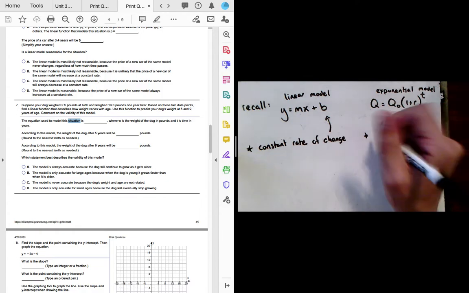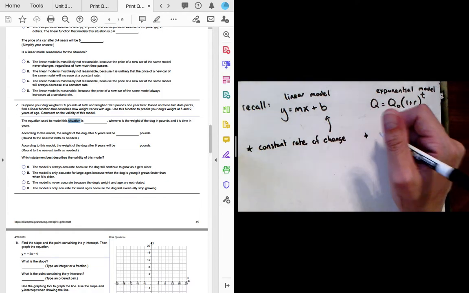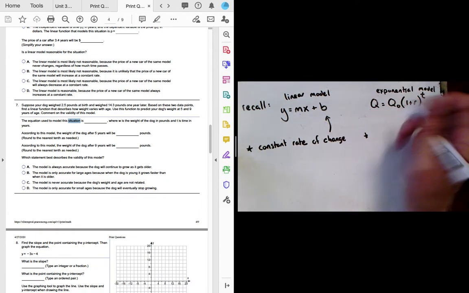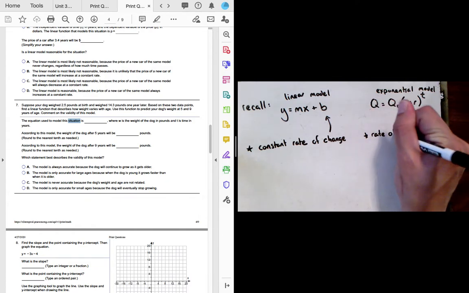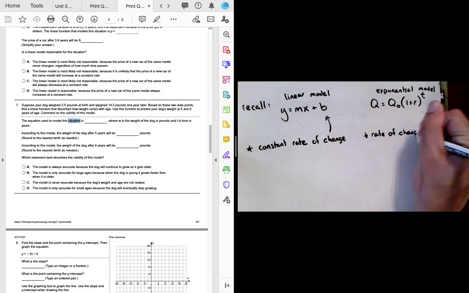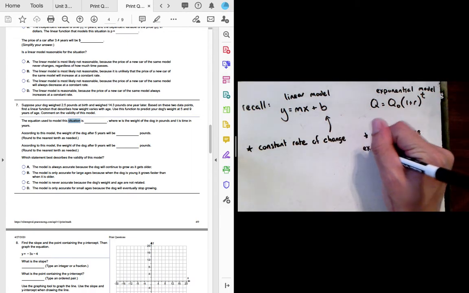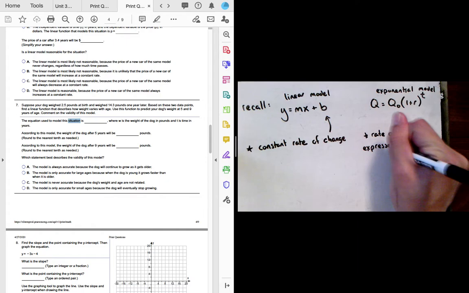For the exponential model, we're looking at a constant relative rate of change. Rate of change expressed as a percent is a good way to think of it.